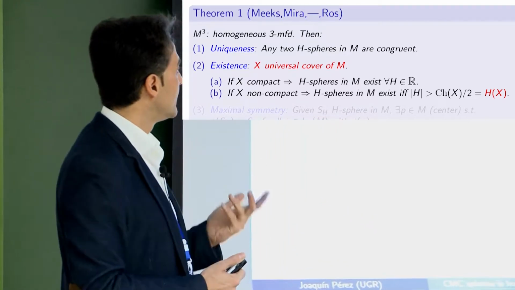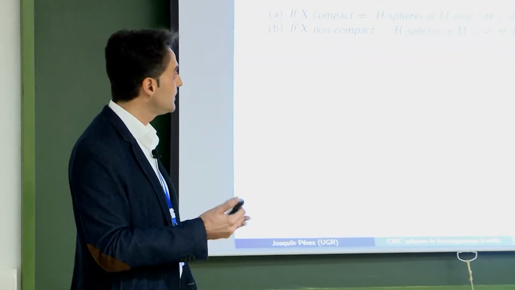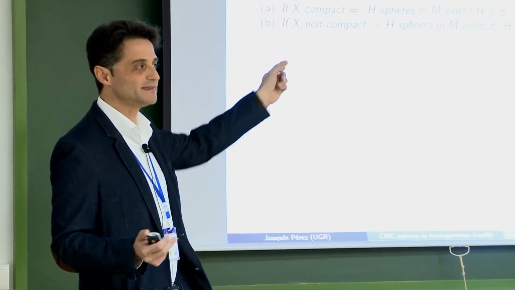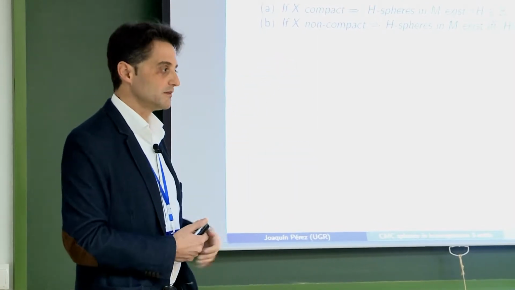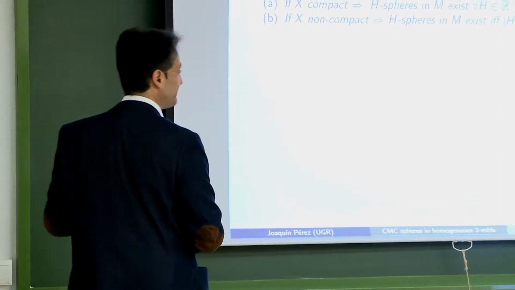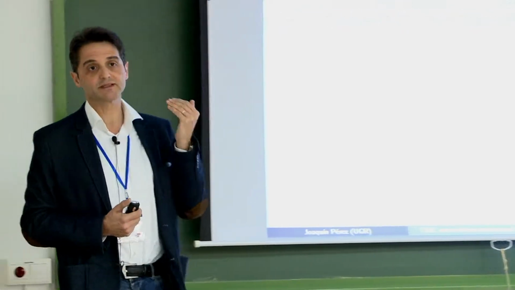And if X is non-compact, then they will exist if and only if the value of the mean curvature, well, there you see absolute value, but this is just a matter of orientation, so consider positive values, for instance, okay? So the value of the mean curvature is bigger than a geometric number, which is 1/2 of the Cheeger constant of the ambient manifold.